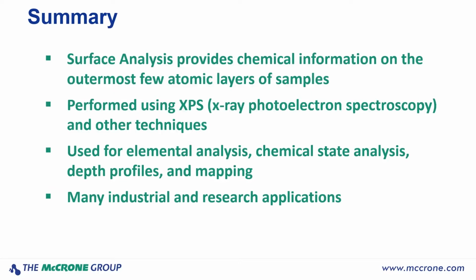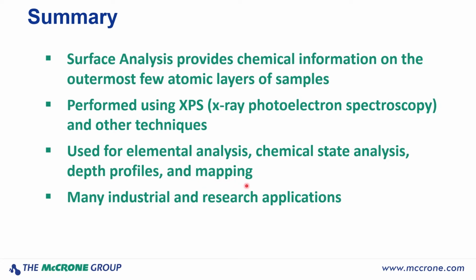I hope today I've been able to give you some idea on how you can use surface analytical techniques to probe the very outermost layers on solid materials to answer questions involving the chemistry going on with just a few atomic layers on the surface. Probably the most commonly used of these techniques is X-ray photoelectron spectroscopy, and it can provide elemental analysis, chemical state analysis, and depth profiles of materials.